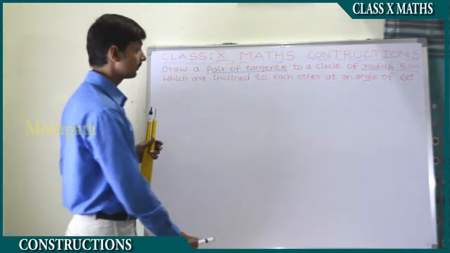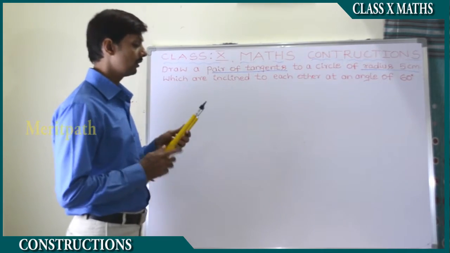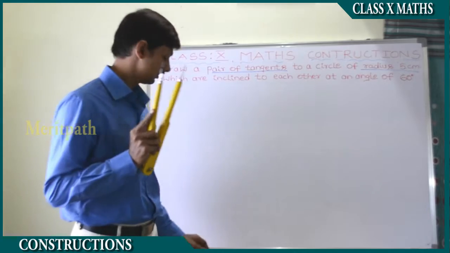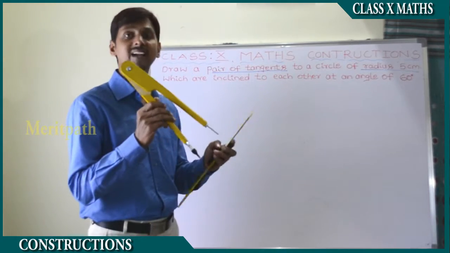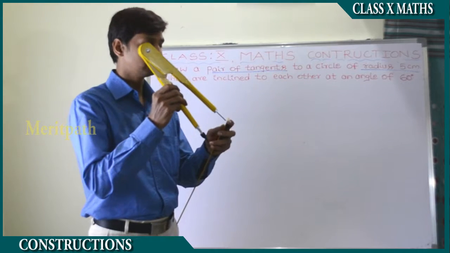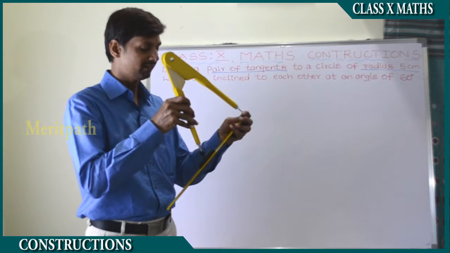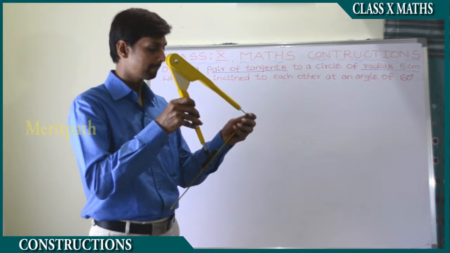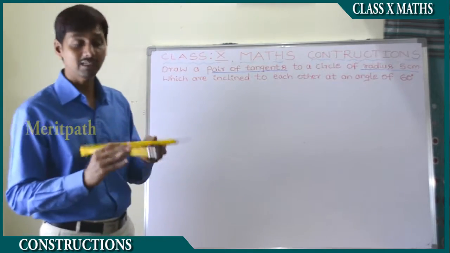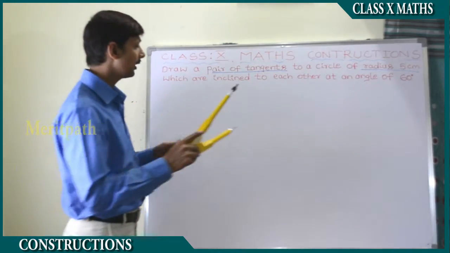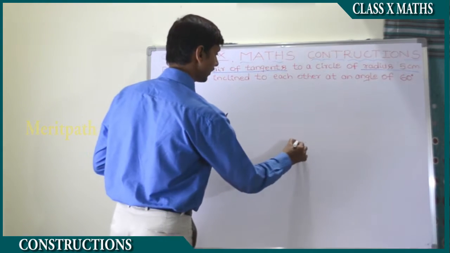So let's draw a circle with radius 5 centimeters using a compass and a ruler. Let's take 5 centimeters radius on the ruler using the compass. We have taken 5 centimeters radius on the compass, and we draw a circle using it.